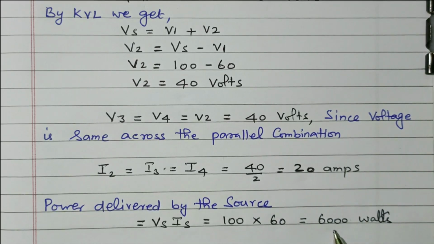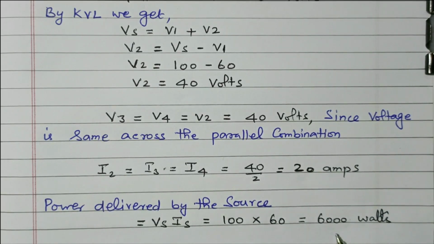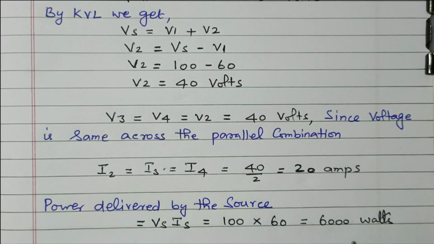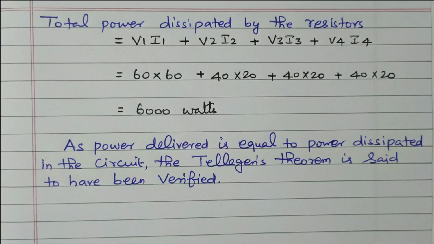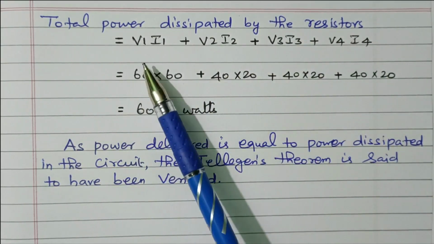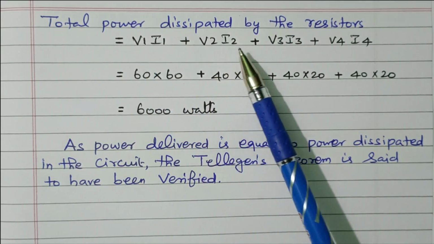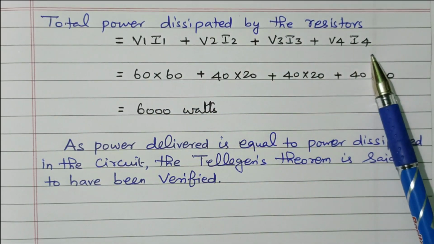Now we calculated V1, V2, V3, V4, I1, I2, I3, I4. Then we calculated the power delivered by the source. Now we will see the power absorbed by the resistors. So the total power dissipated by the resistors, there are 4 resistors available. So V1 I1, V2 I2, V3 I3, V4 I4. Right?